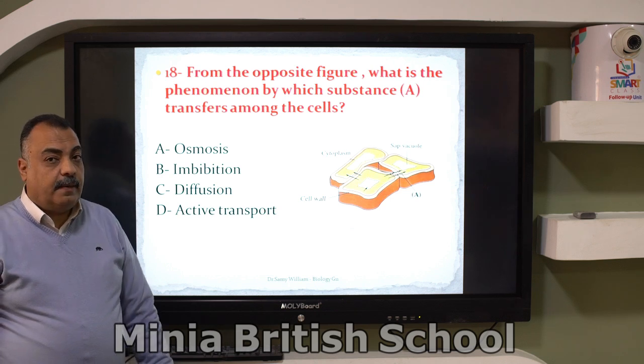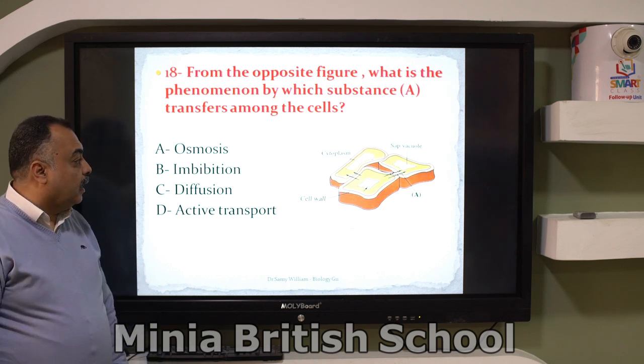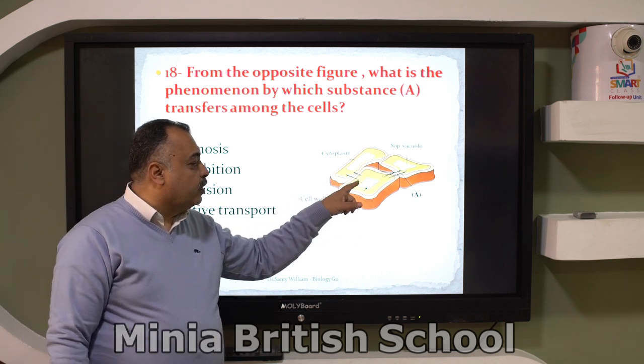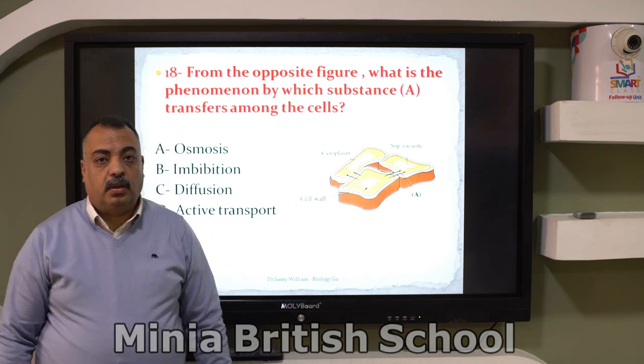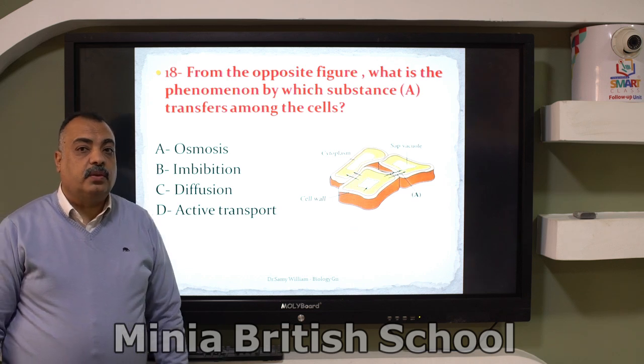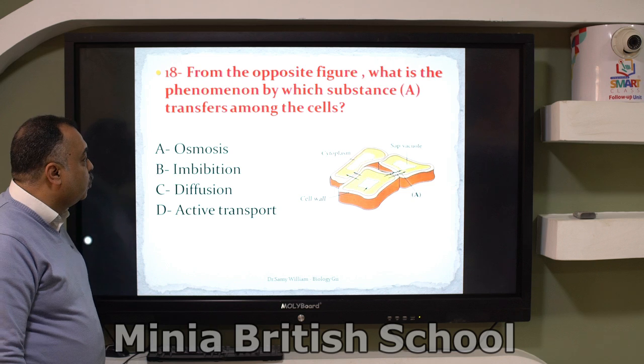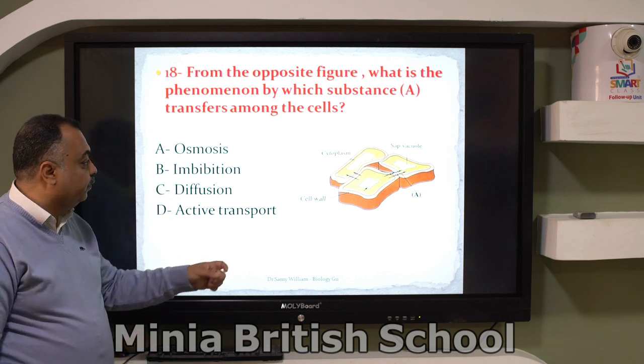What is the answer here? Yes, of course, osmosis. As we go from one cell vacuole to another by osmosis, due to different concentrations found inside these cells. Okay, osmosis is the correct answer.